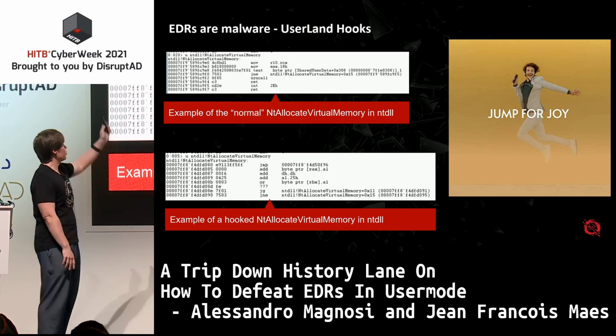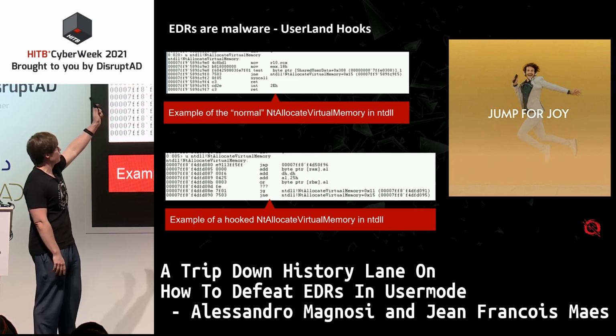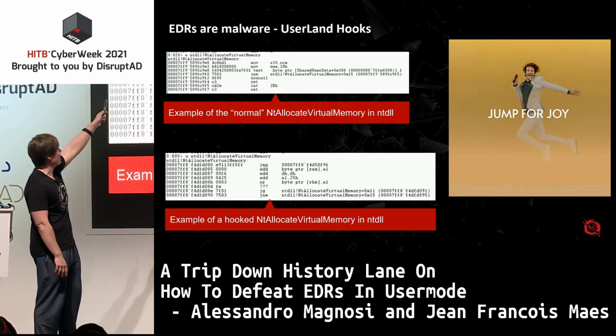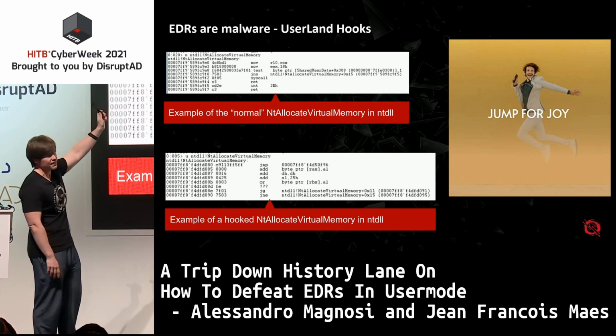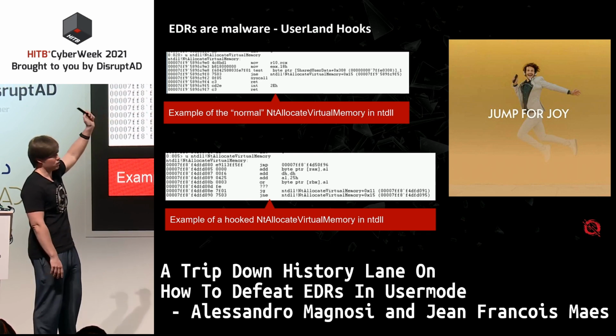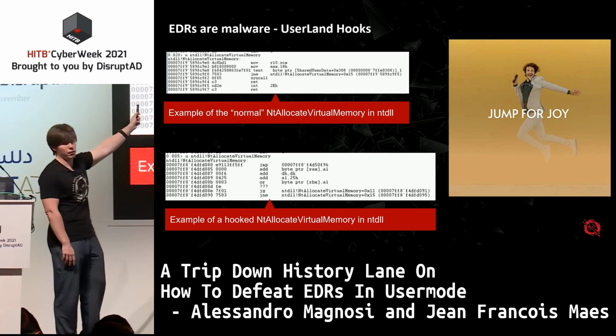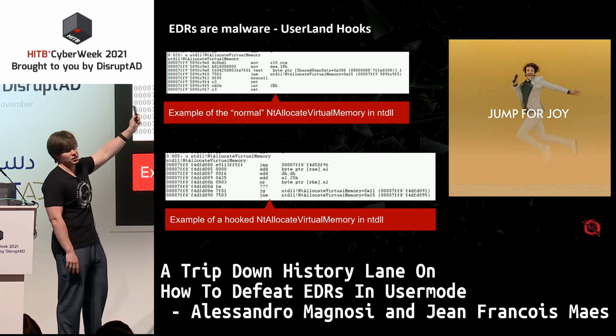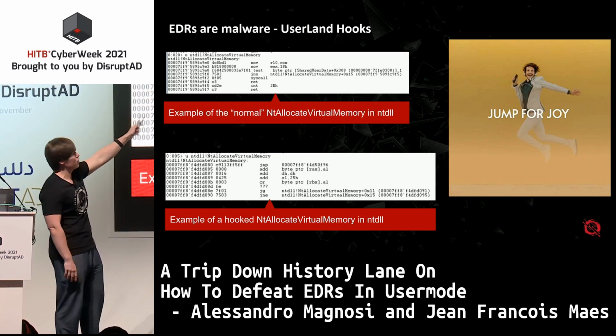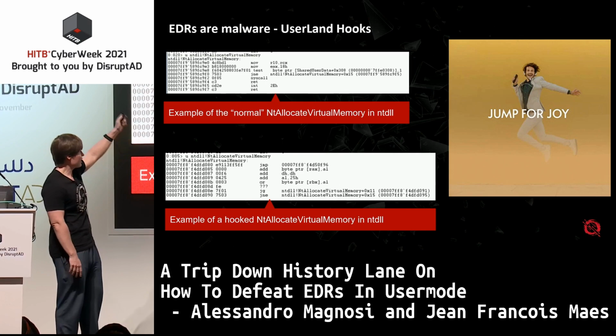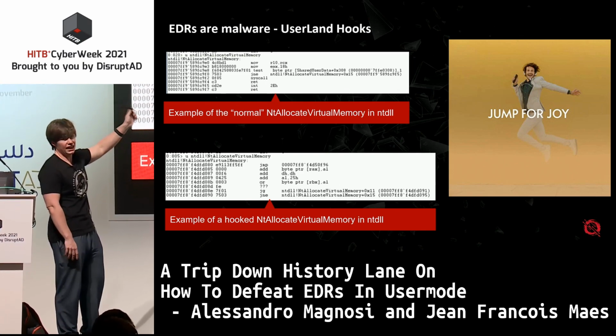So there's going to be a move instruction from R10 to RCX, and then a move of 18h into EAX. And the 18h here is important because that is what we call a syscall number. So this 18h is actually the representation of NtAllocateVirtualMemory. This is the only thing that changes in any Nt function.